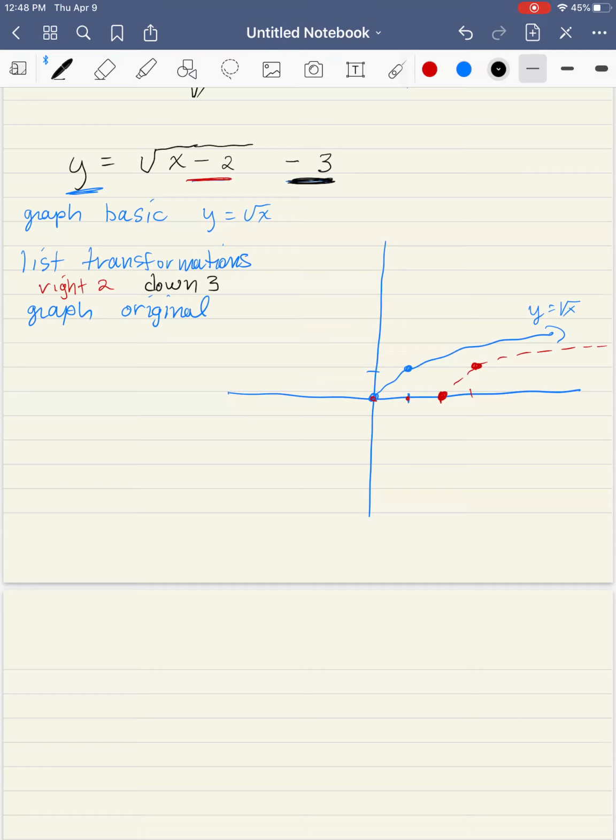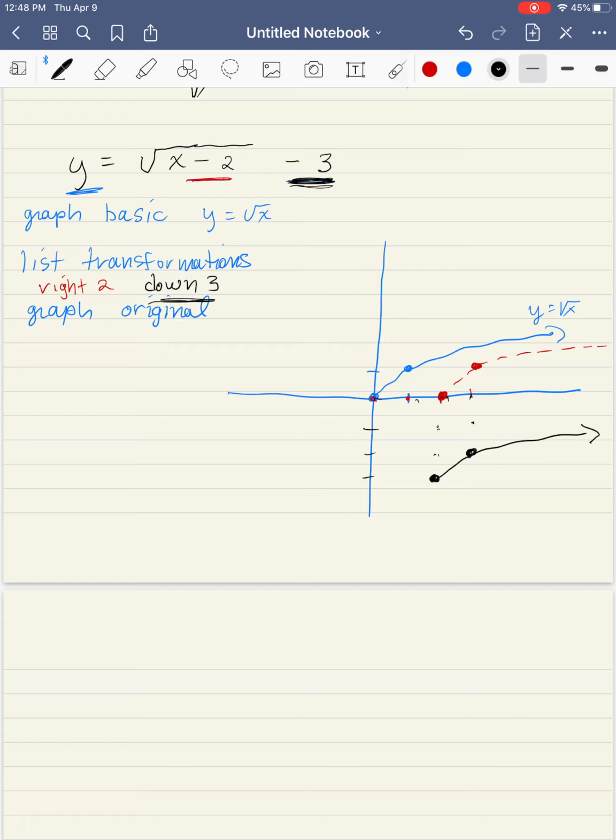And now I can take that red one and I can move each point down 3 units to do the -3 outside. So this ordered pair moves down 3 units. This ordered pair moves down 3 units. And I can recreate my basic shape.